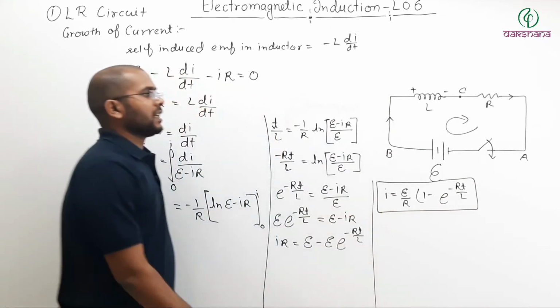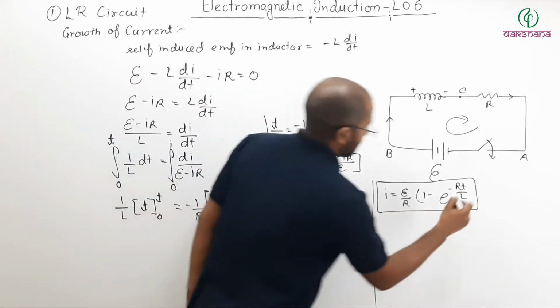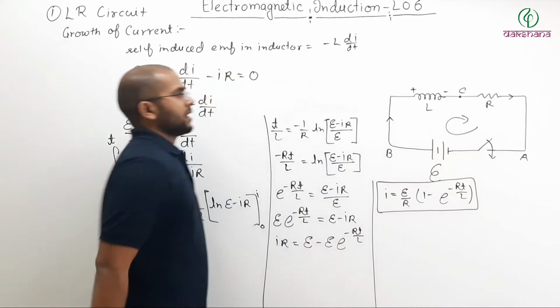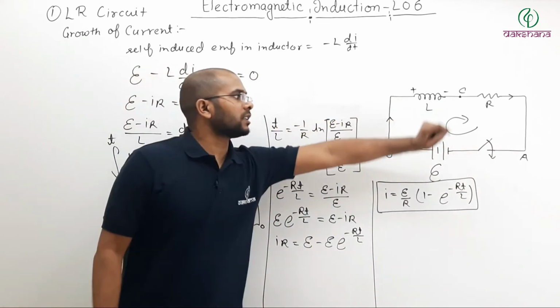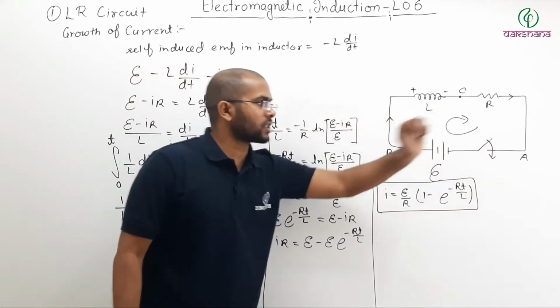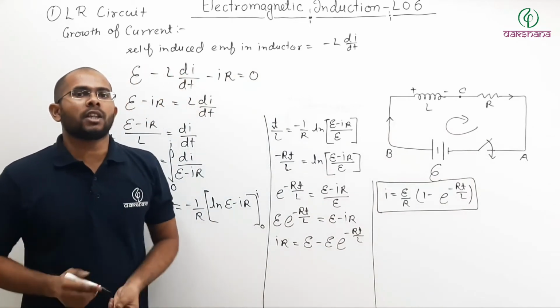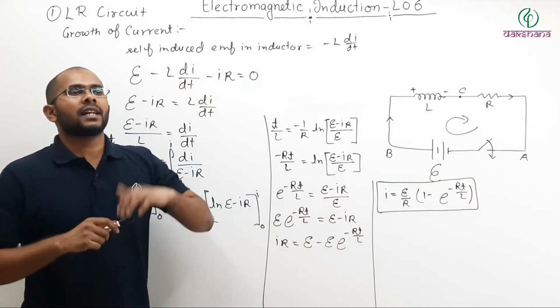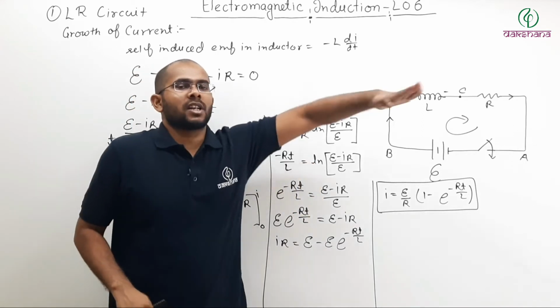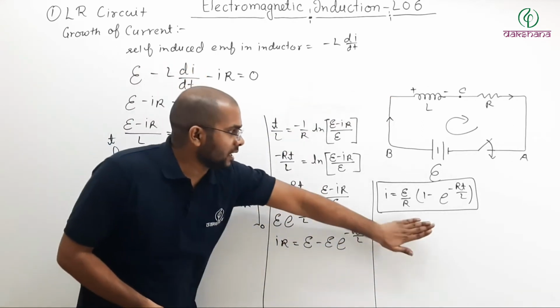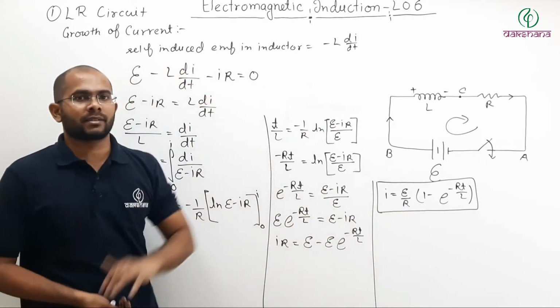Meaning, in an LR circuit, where L is the inductor, R is the resistance, with an EMF source and a switch, when you switch on the circuit, current does not immediately become steady. It takes some time for current to become maximum.